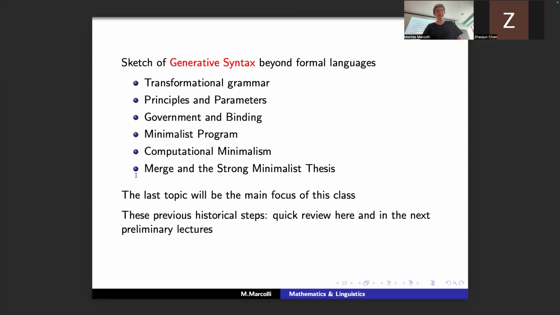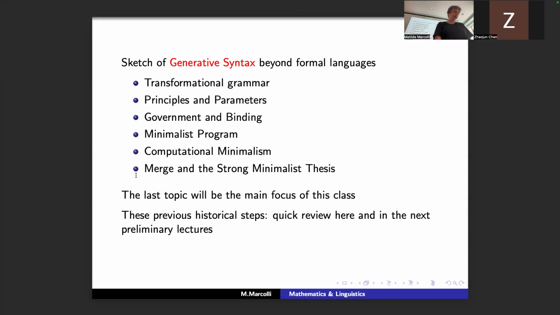But before that, I want to give a little sketch of the following steps, and I'll also fill in a little bit of details before moving on to the new material, which is the last line of this list. So, people started to realize that maybe one could try to do something more precise or more tailored to human languages than this overall theory of formal languages.